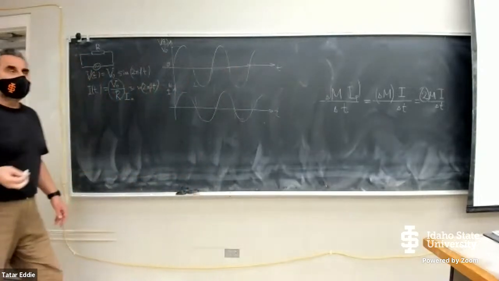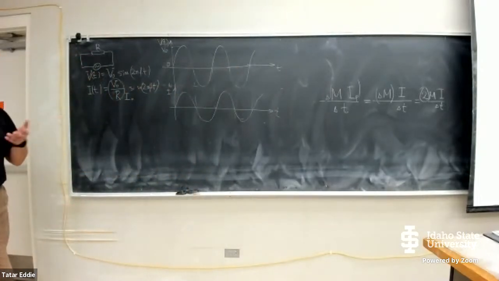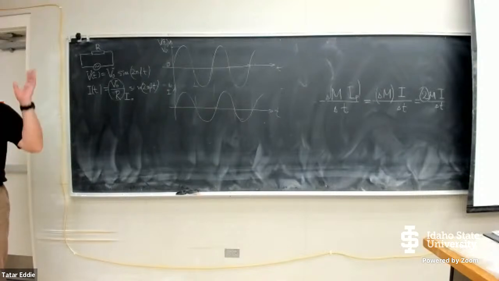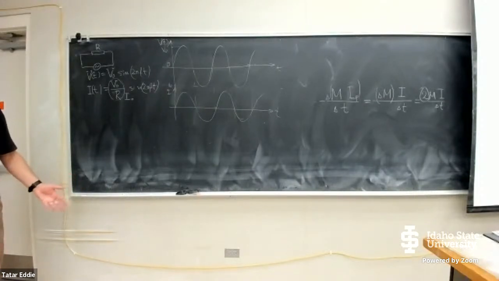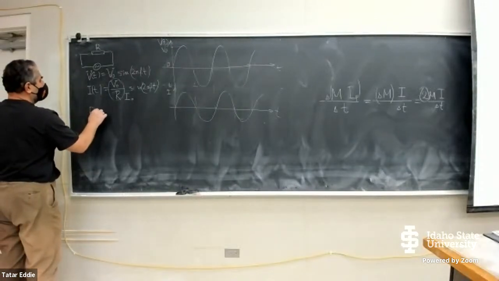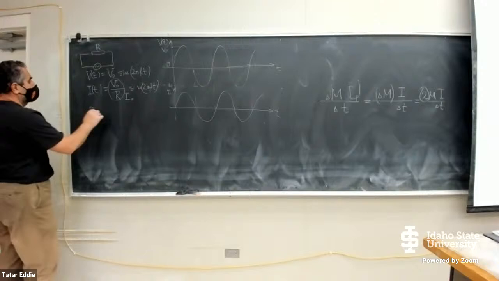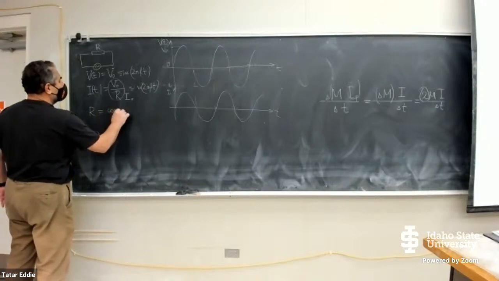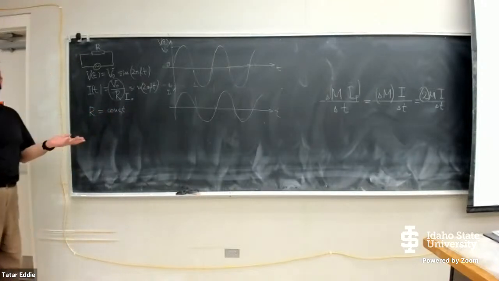In other words, if you start changing the frequency from 60 to a different frequency, 100 hertz, the resistance is going to be constant. The resistance is constant with respect to changing frequency.